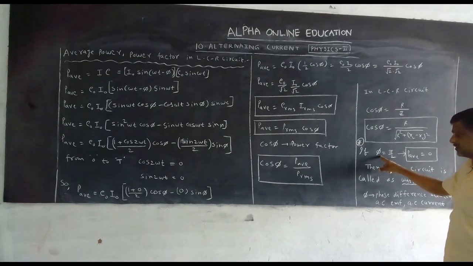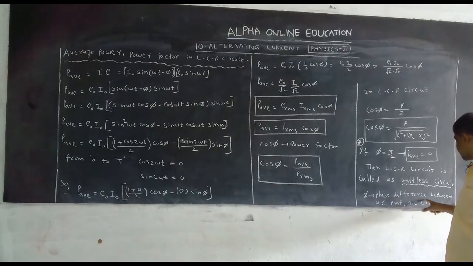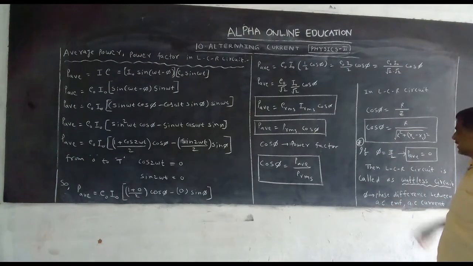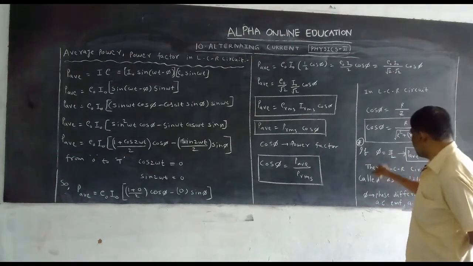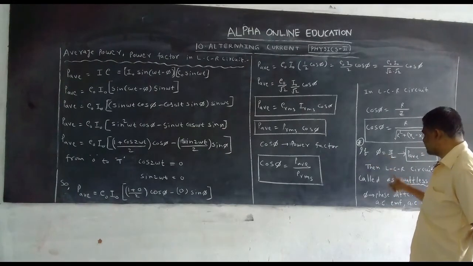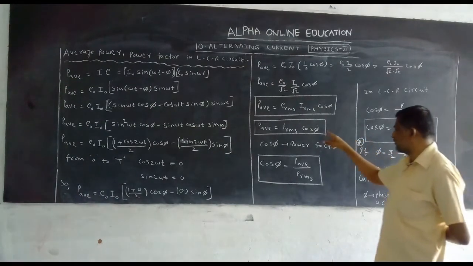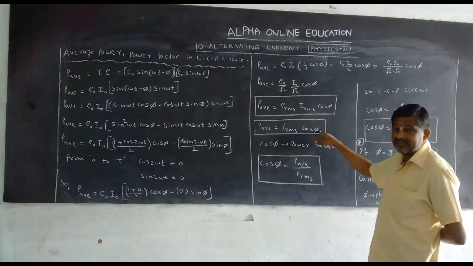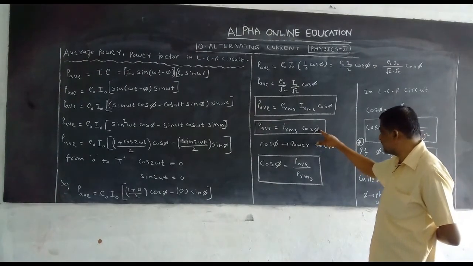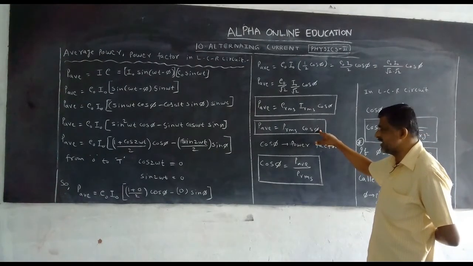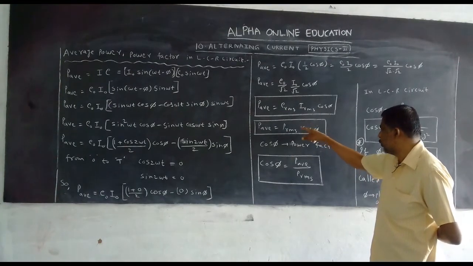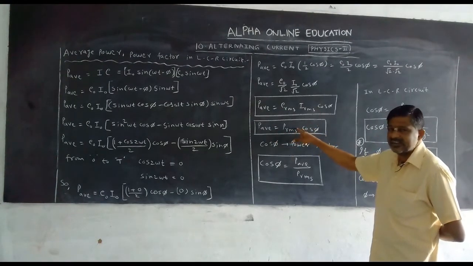Phi means the phase difference between AC EMF and AC current. The phase difference phi between AC EMF and AC current is 90 degrees. Cos 90 is how much? 0. So average power is 0.